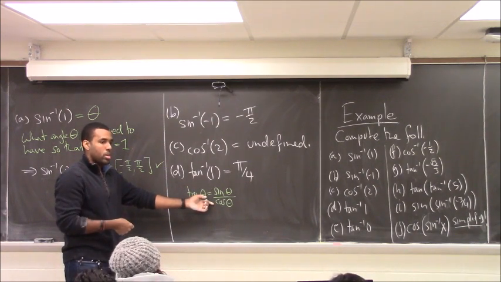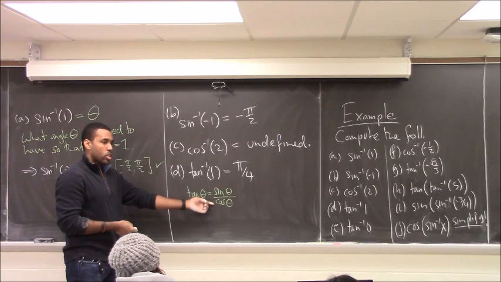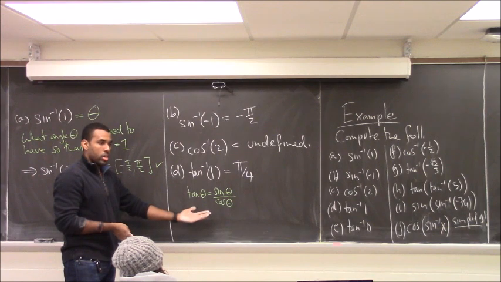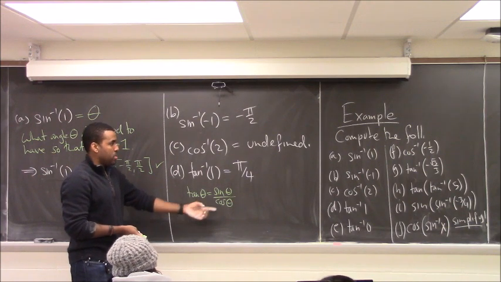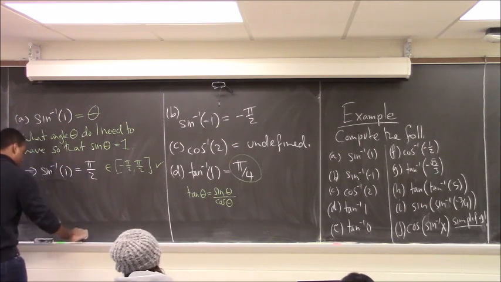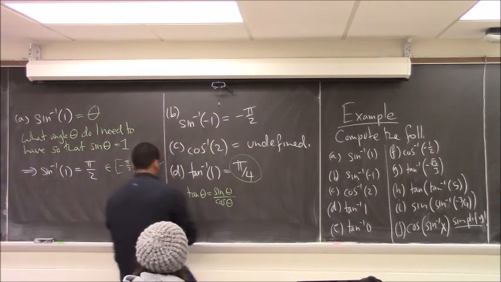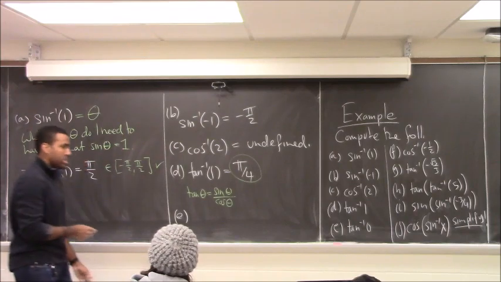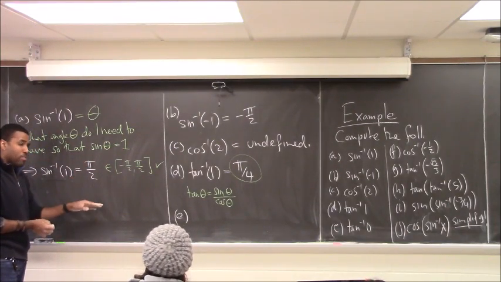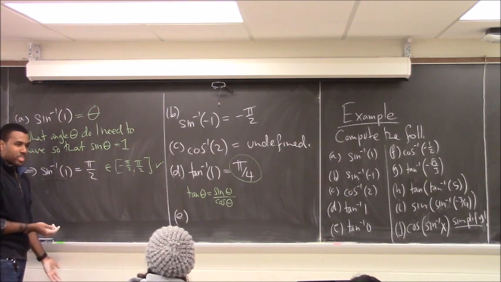If you remember the table, that happens at pi over 4. Sine and cosine both give you radical 2 over 2. So if I divide them, I'll get 1 as the output. That's why that's the answer. This is going to be confusing if you don't have all the stuff memorized that you should have memorized. If you have it all memorized, it's obvious.